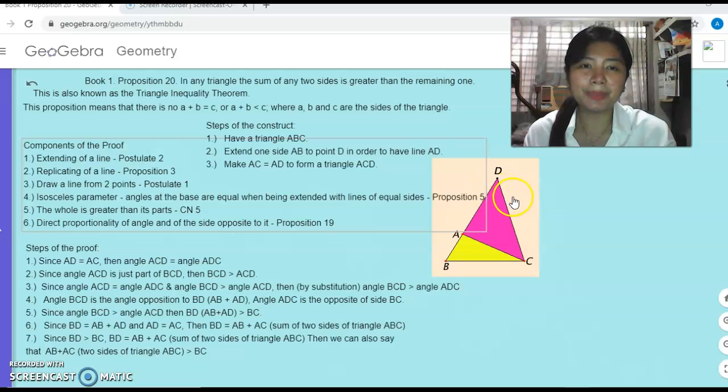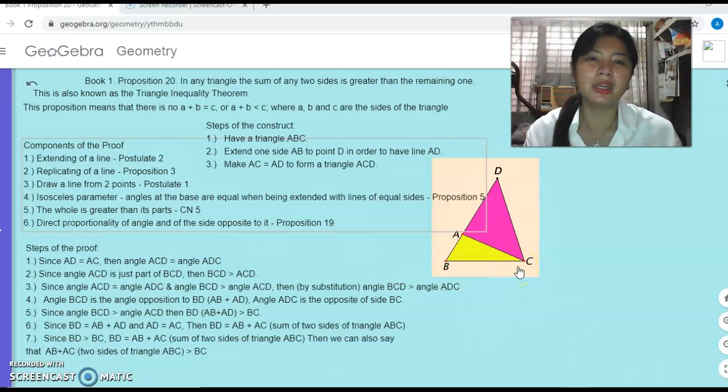It just so happened that ADC as an angle is opposite to the side BC, and the angle BCD is the angle opposite to the bigger line BD. So we can say then that BD is greater than side BC. Now let's break down the side BD.